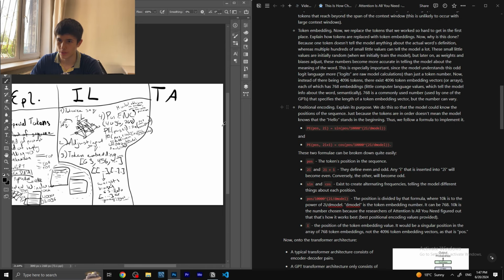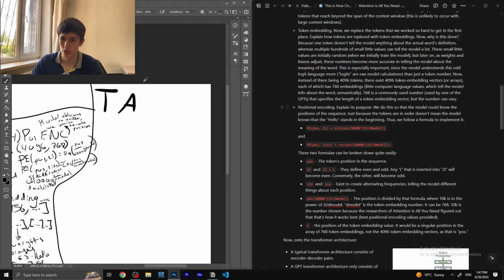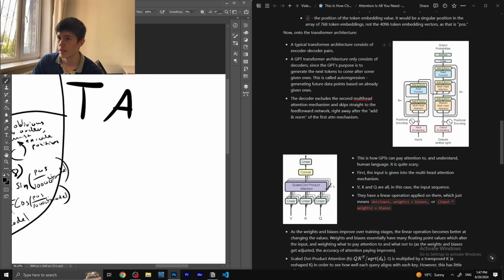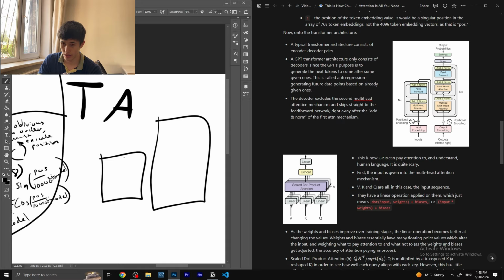And here it is. There's a lot of empty, clear space for us to work here. Let's go on to the transformer architecture. A typical transformer architecture consists of encoder-decoder pairs, as you can see here. That's the encoder right there, and that's the decoder right there. The encoder feeds into the decoder midway, and then they do the work and generate a probability distribution.